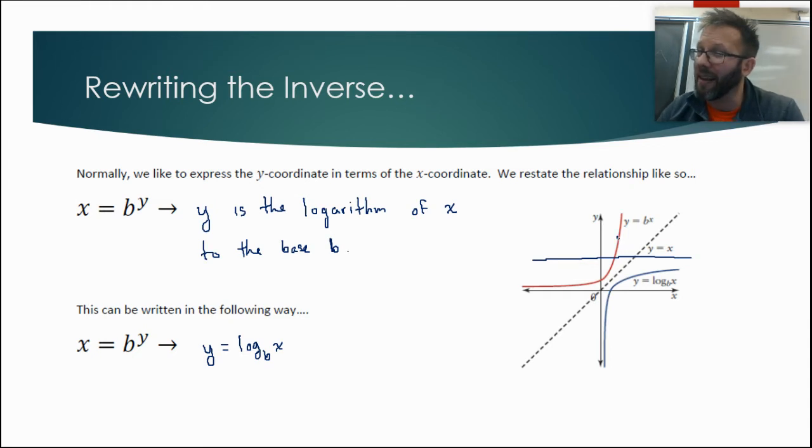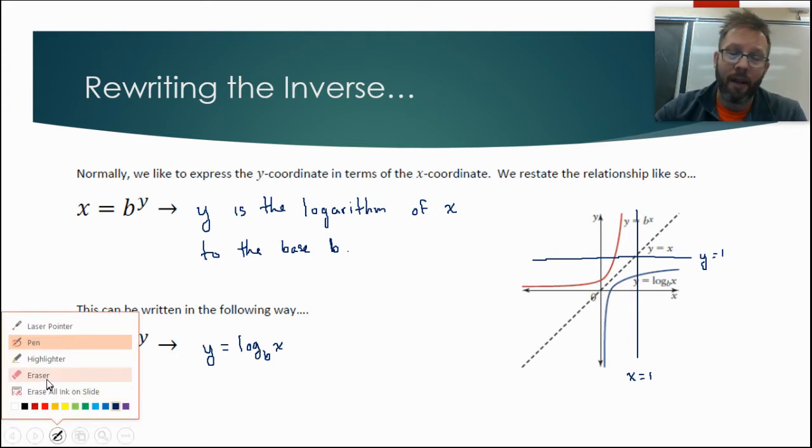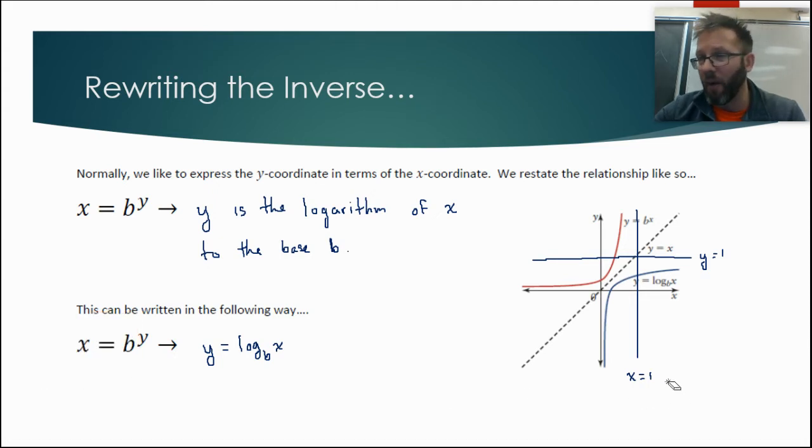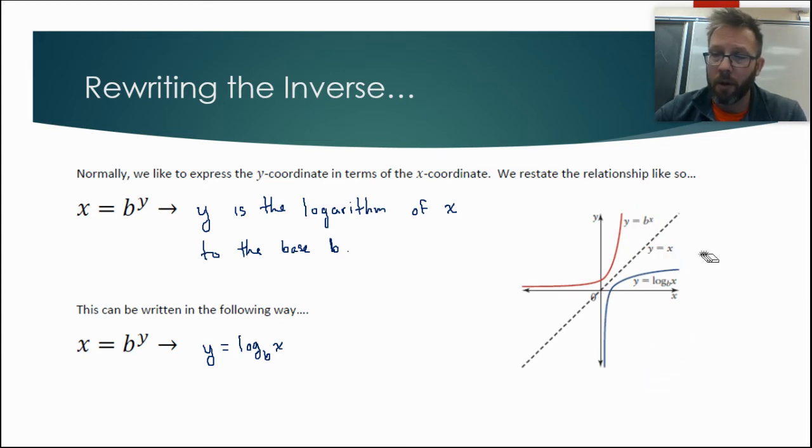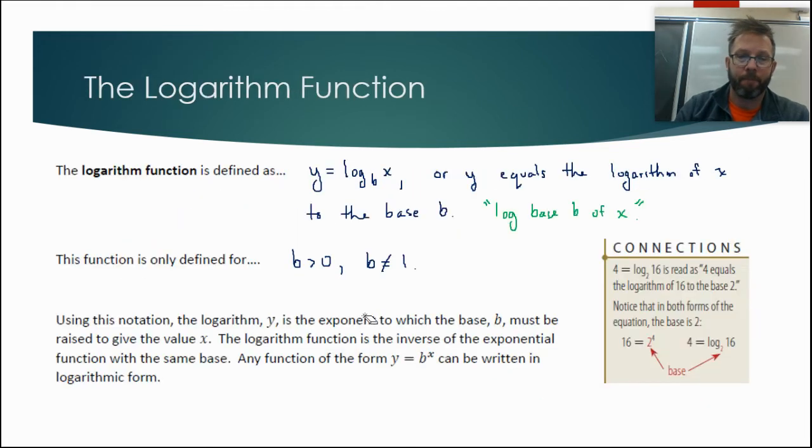But when you try to take the inverse of the function y equals 1, you get a vertical line at x equals 1. That's not a function. It doesn't pass the vertical line test. So that's why we say that b has to be greater than 0, but b can't be 1, because in that one case, if b is 1, you don't get a function. You get a vertical line like I've shown you here. All right.